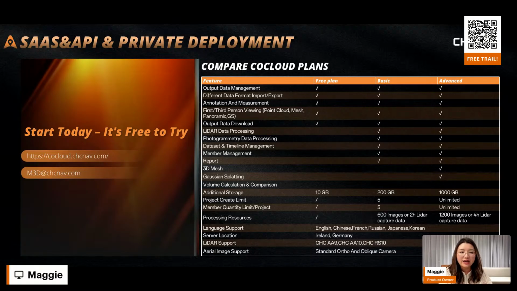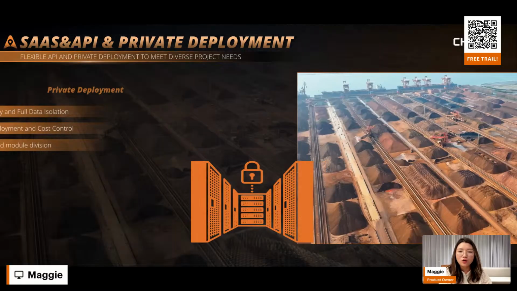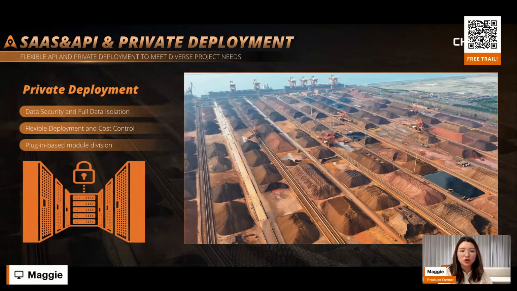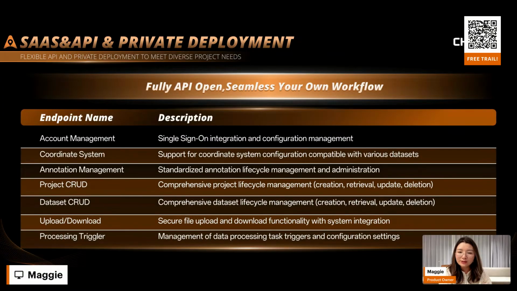It's free now, and if you want to bring CoCloud to your own organization, just contact our BD and request our private version. The system is designed for flexibility, just select the modules you need, with no need to pay for other modules not relevant to you.